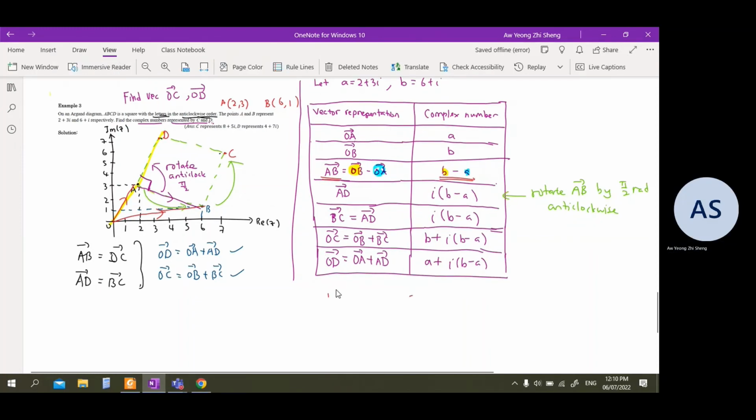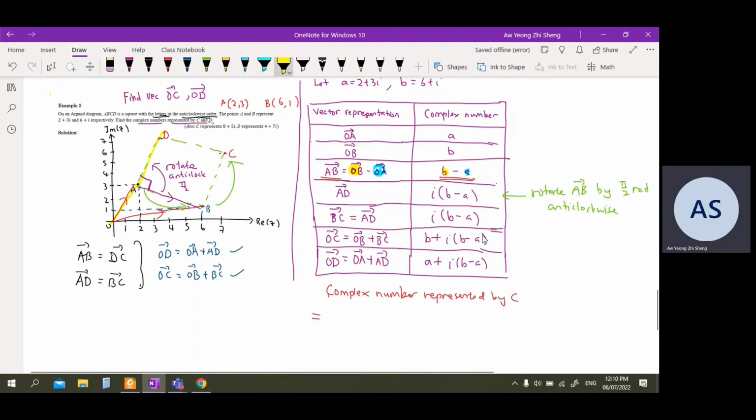Okay. So now the complex number represented by C will be just this complex number here that I'm circling in yellow, and just bring it down. Yeah, we can just conveniently bring this down because the complex number represented by the point C is the same as the complex number represented by the vector OC.